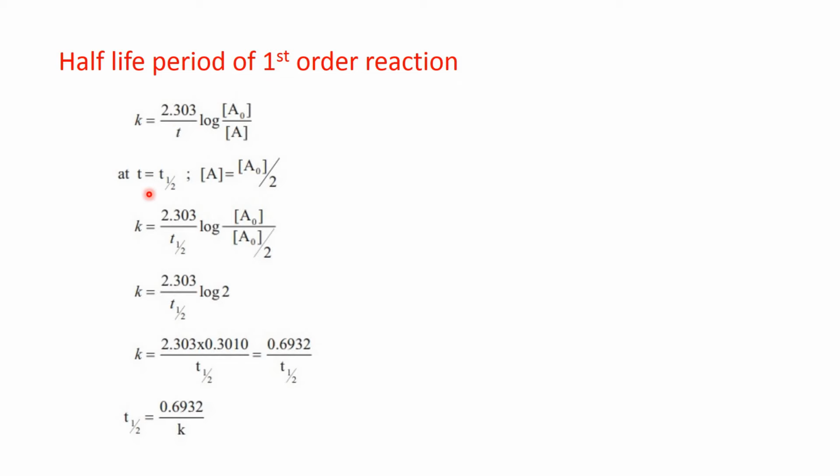That means when t is equal to t half, the leftover reactant will be the initial concentration divided by 2. Half is converted to product, no? Left will be divided by 2. Now if we put it in this equation, finally it comes to 2.303 by t half into log 2. And then if you put the value of log 2, t half comes as 0.693 by k, where k is the rate constant.